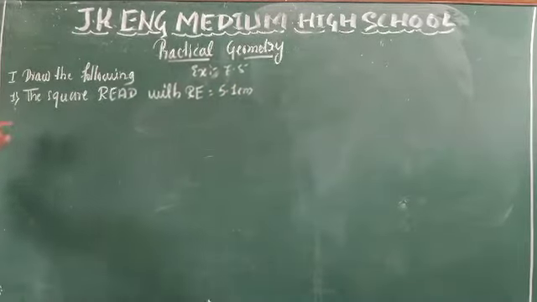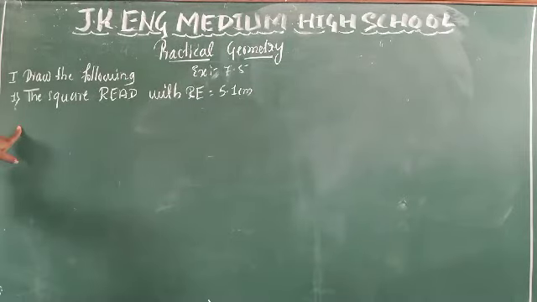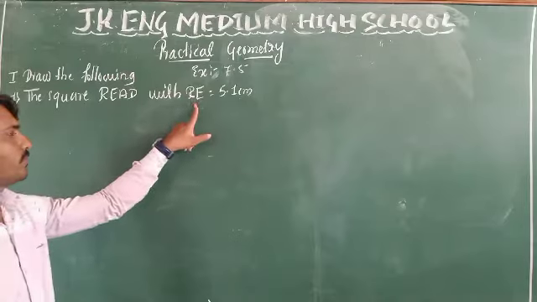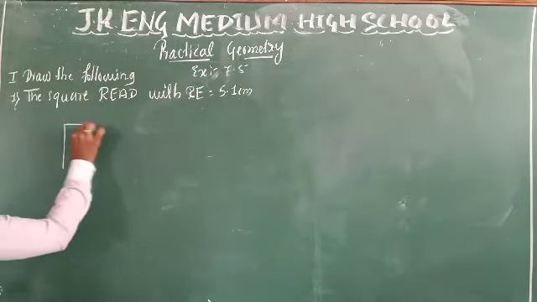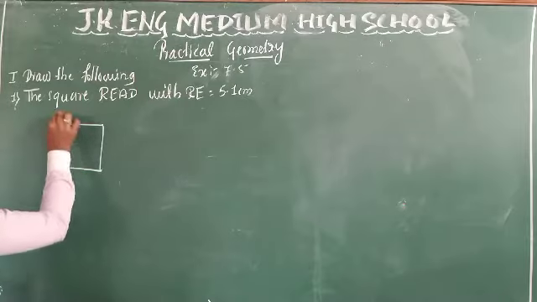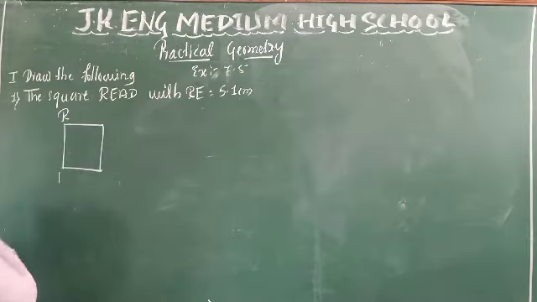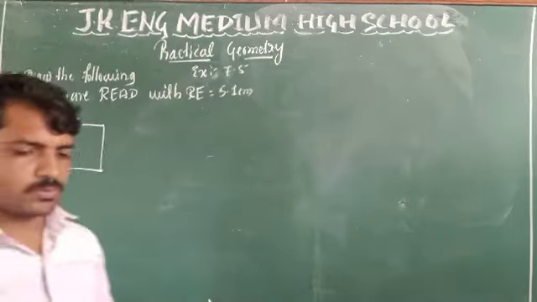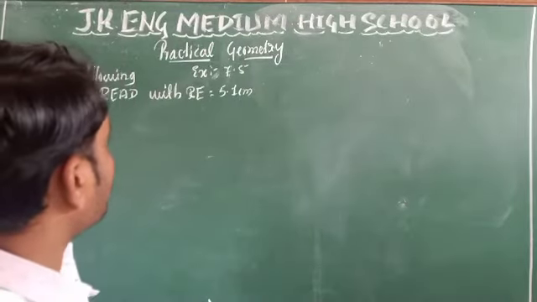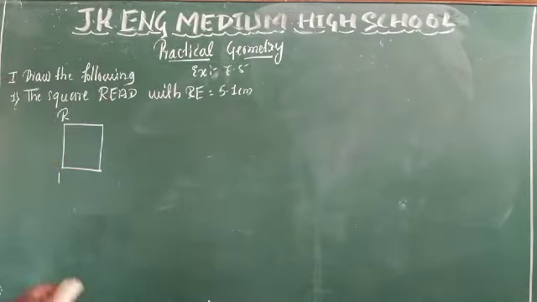Okay, children. So, look at it carefully. The square READ with R is how much? 5.1. Let us draw a rough diagram of the square. This is the square. So we have to maintain the side as the base of the diagram.